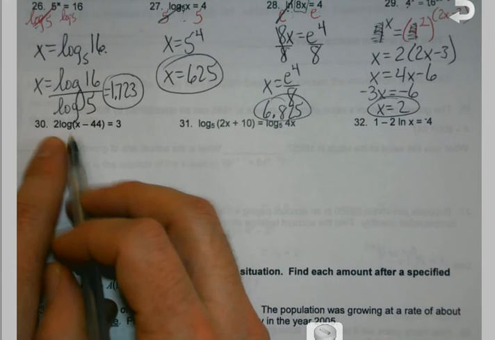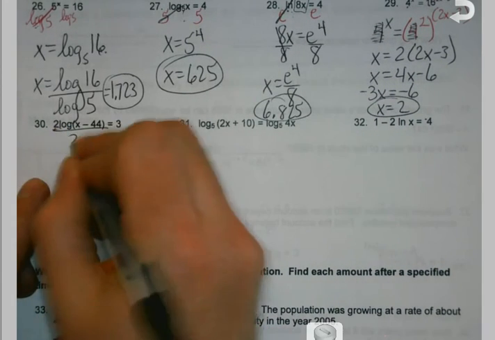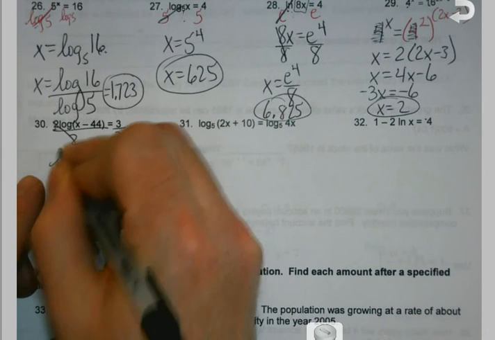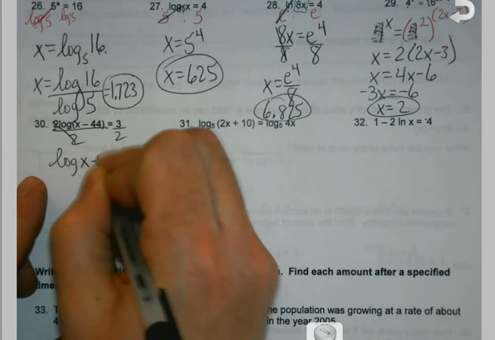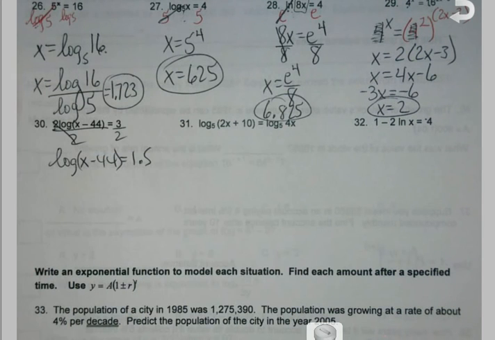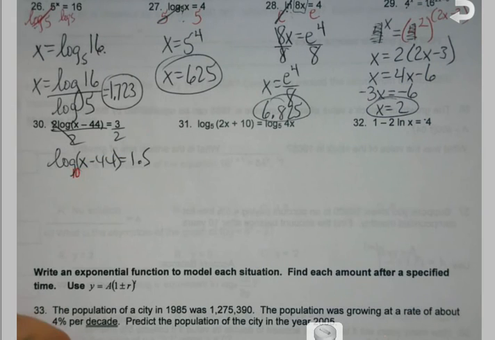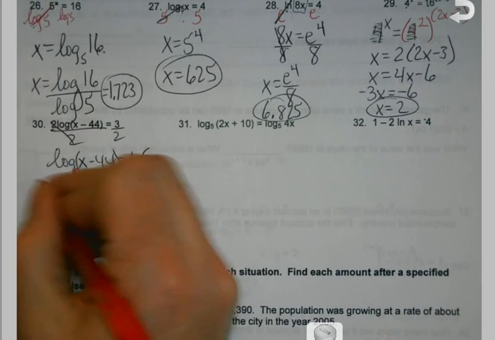Here, now I look at the log, and I'm going to log right away. Get that 2 out of there. And this, again, is where you have to make an assumption that we remember certain things. Okay, this log's base 10 if I don't see a number here.